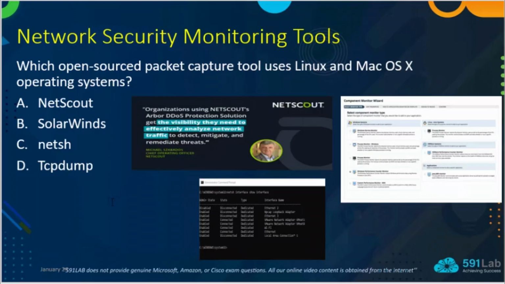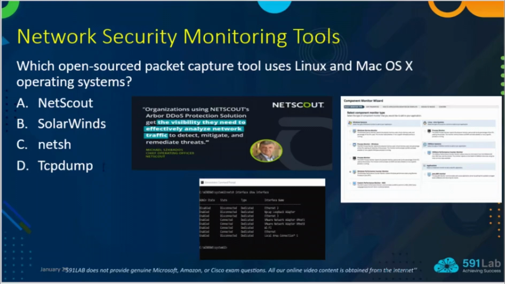So only tcpdump is open source and pre-installed in the Linux environment, and the question emphasizes Linux and macOS. NetScout and SolarWinds are not open source applications, and they have variants for Linux, macOS, or Windows.